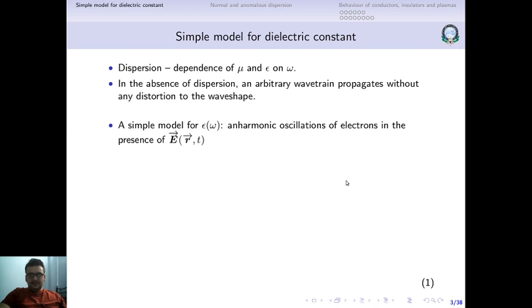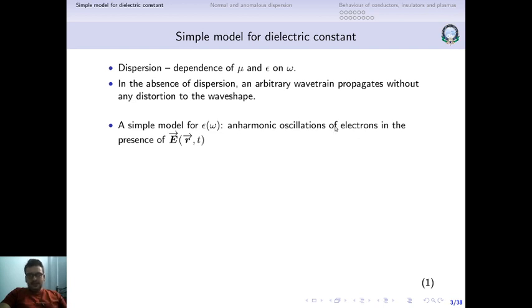And of course there's going to be some damping associated with every electron, which makes the oscillations die down, and then the electric field drives the oscillations for a longer duration of time. So that's why we consider anharmonic oscillations of electrons.